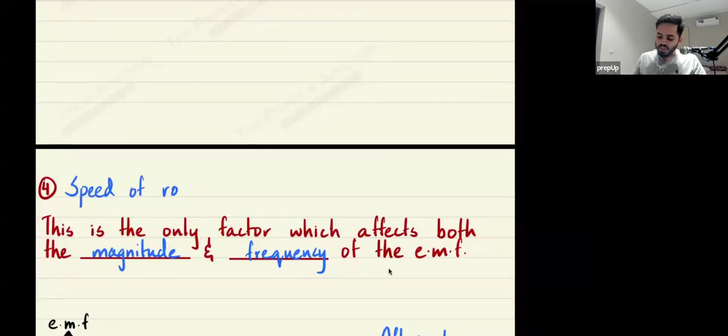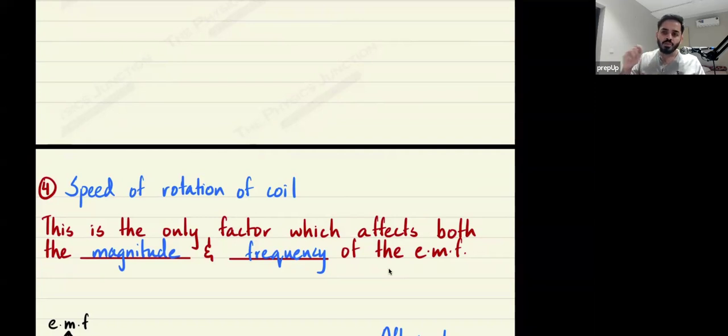Some of you might be thinking why I did not talk about this there. That's because this is the only one which affects both of these. Now let's say I have this coil and I start spinning it faster and faster. What would happen is obviously the field lines would be cut faster. That would lead to an increase in the induced EMF and hence the current.